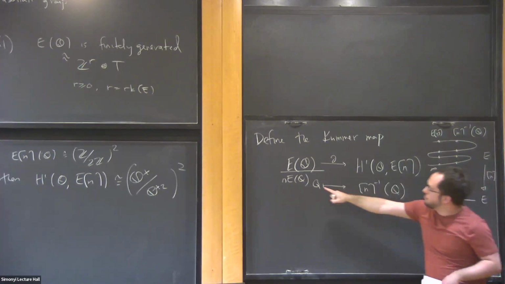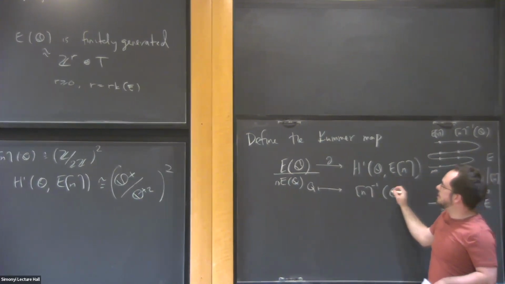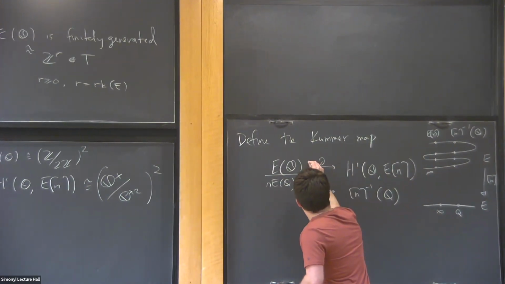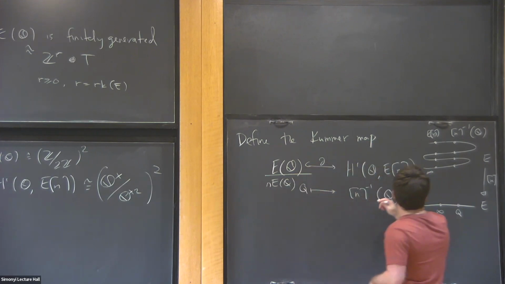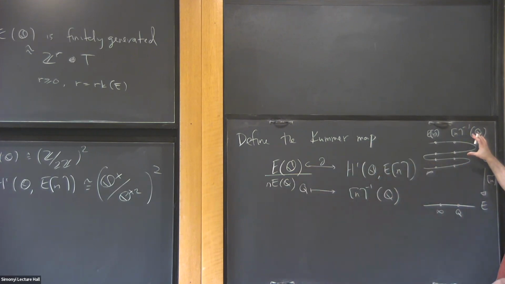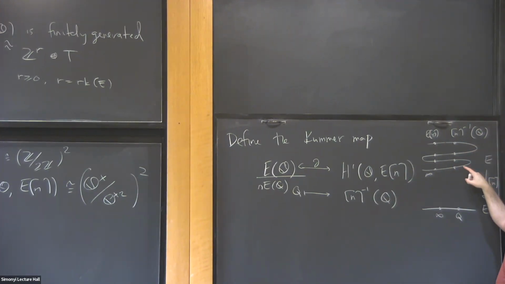So you actually get a well-defined map from this quotient to here. And for basically the same reason, it's even injective. If I happen to know that this torsor is trivial, well, then the only torsor with a rational point is the trivial one. And so there must be a rational point, and here that means that Q is a multiple of n.